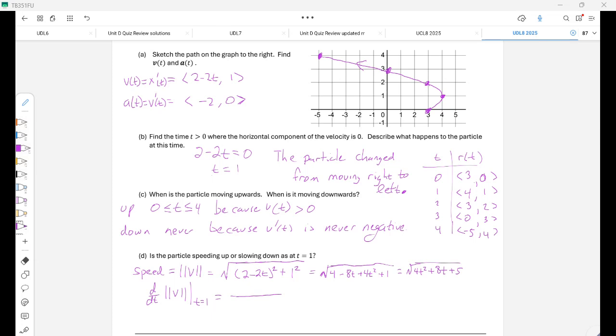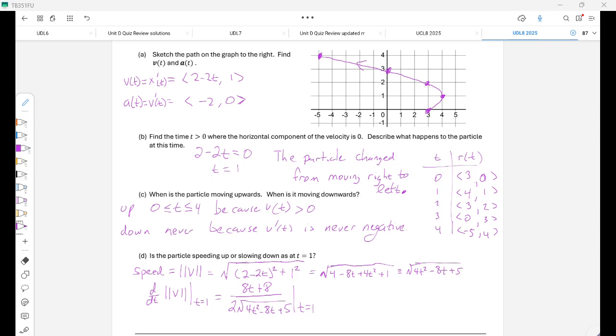Chain rule says derivative of the inside, so 8t minus 8, over 2 square root 4t squared minus 8t plus 5. I think I made a plus and negative error above, didn't I? Fix that up. And that is still being evaluated at t equals 1.